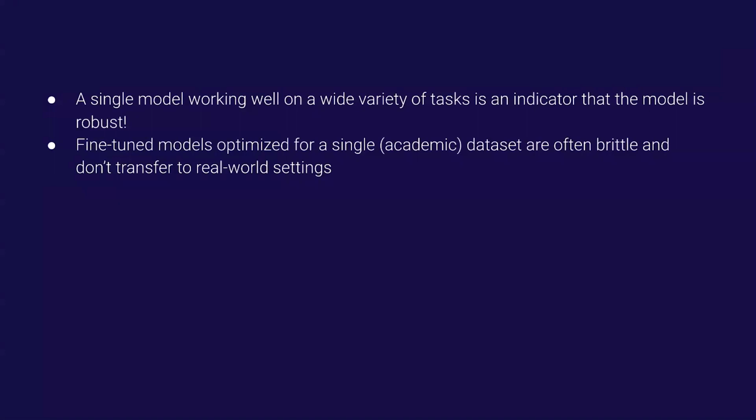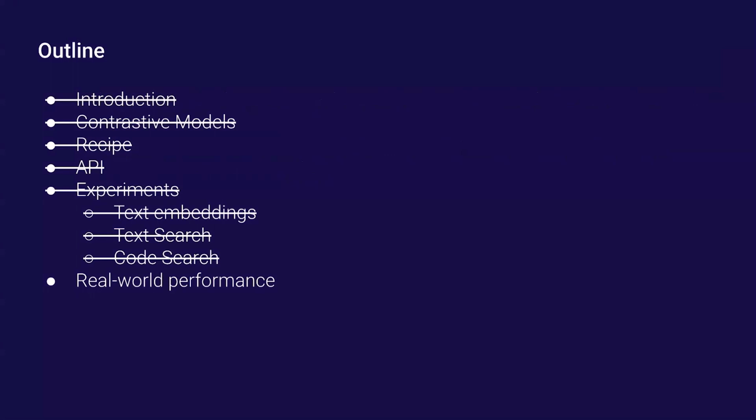And I think having your models depend a lot more on unsupervised learning, and if they do well on a large set of tasks, you start getting signals that this is a lot more robust.